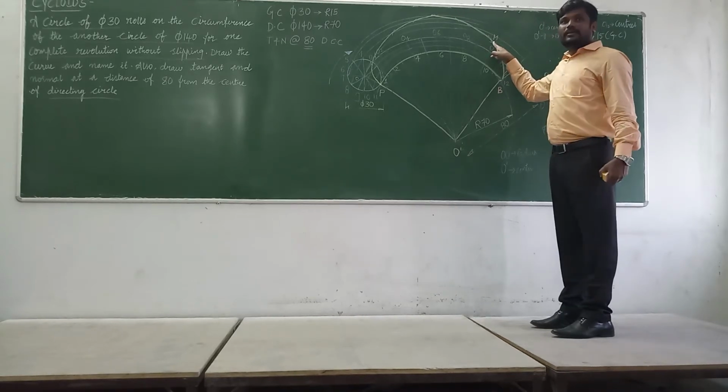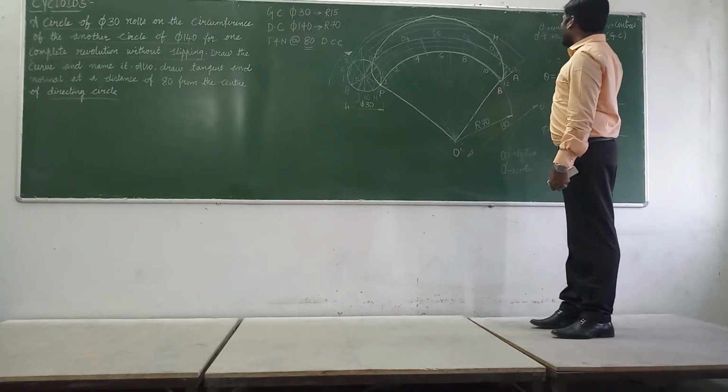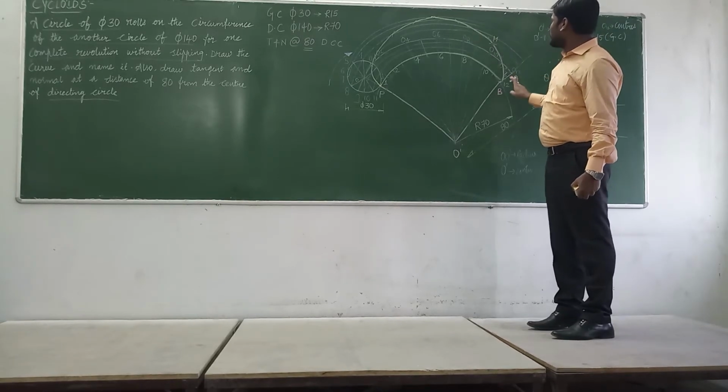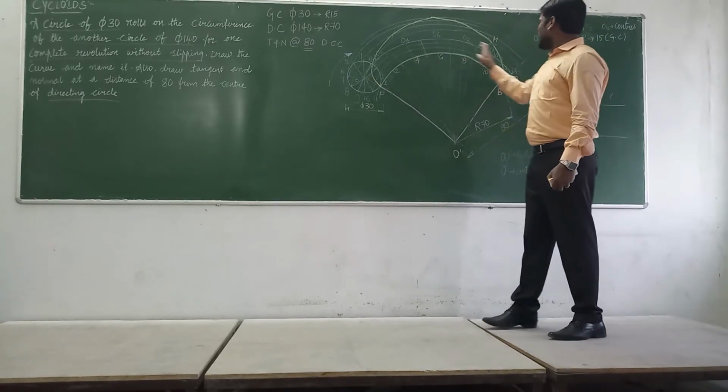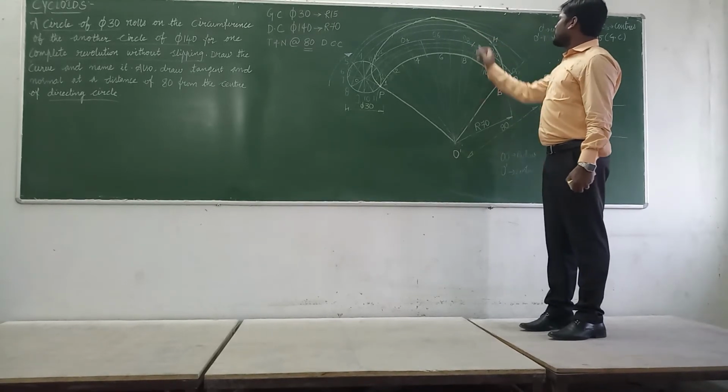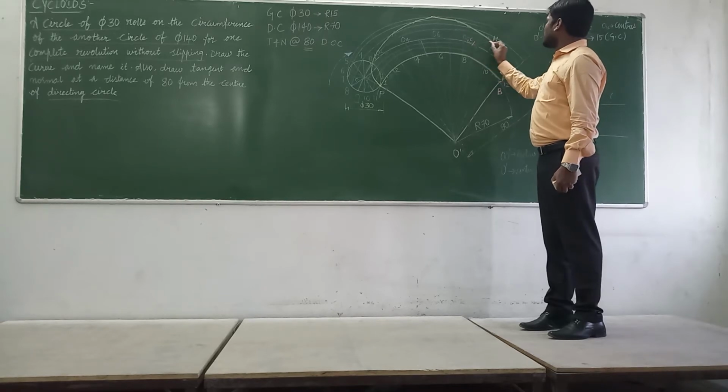So M as center, radius is the radius of the generating circle, cut the locus of center. Where is the locus of center or locus of circle? That is OA, cutting the locus of circle. That is some point C, whereas this radius is R15.